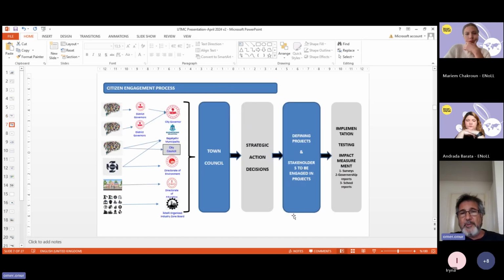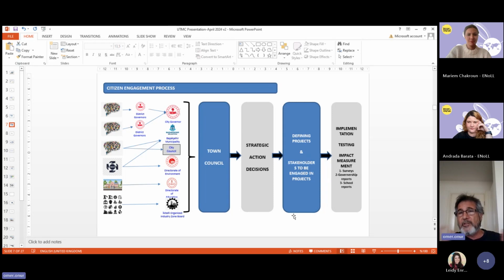So in simple terms, all the needs go through the town council. The city council or the town council is involved in most of the citizen needs, and the defining of the strategic actions is done through all these other parties on the left-hand side, like the governor, municipality, other directors, and the citizens, who are represented by the city town council.